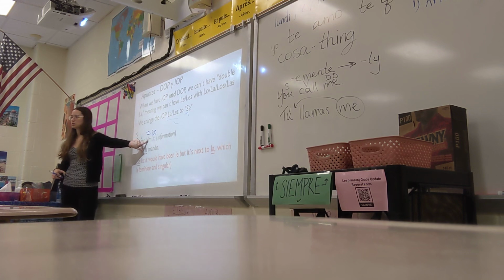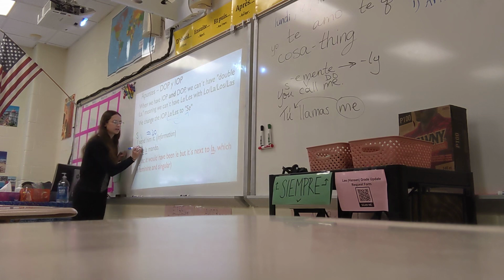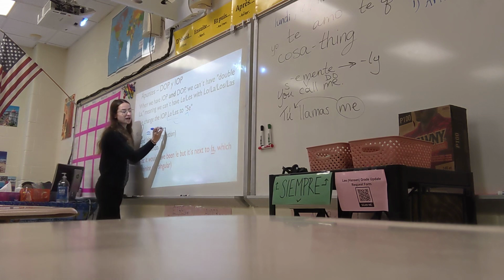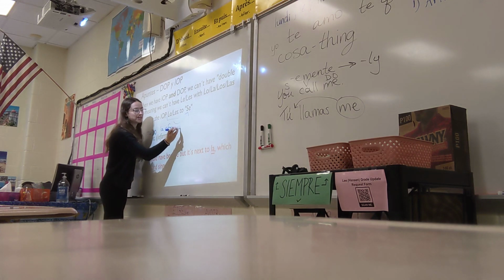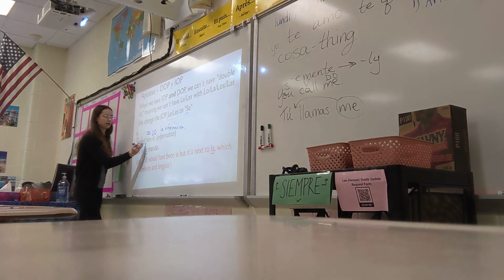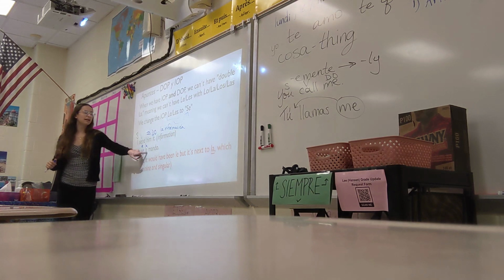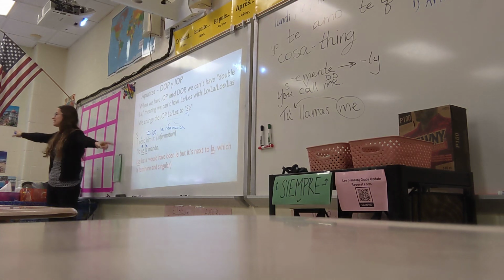What's my indirect object pronoun for him? On your chart, what's your indirect object pronoun for he? Le. The information is la información. So our direct object pronoun would be la.